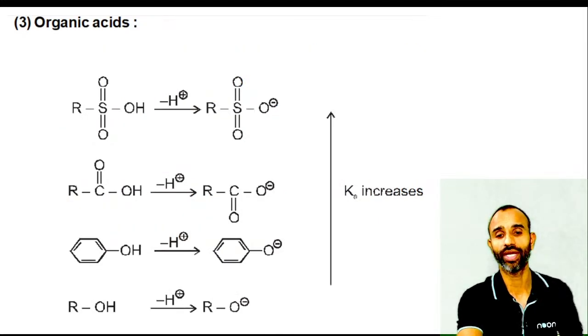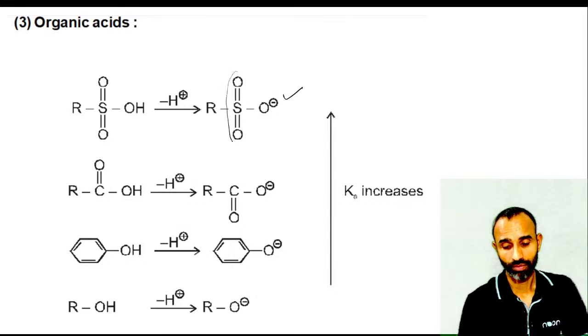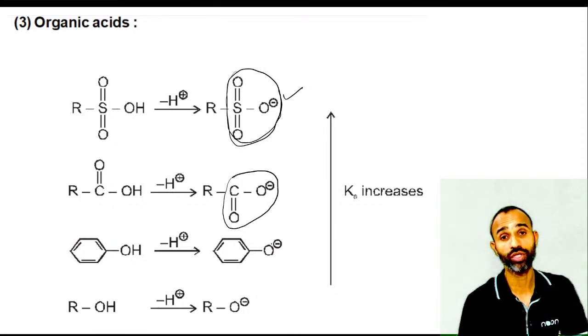Now the organic acids that I told you just now. This anion is more stable because the negative charge is delocalized on 3 oxygens. Here it is delocalized on 2 oxygens.